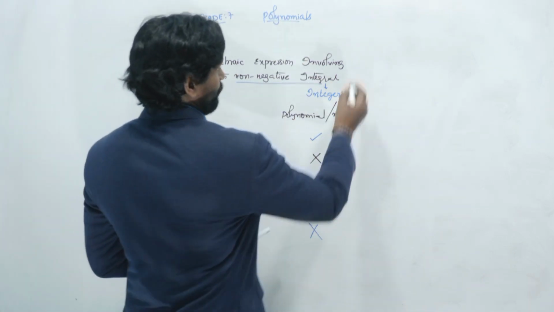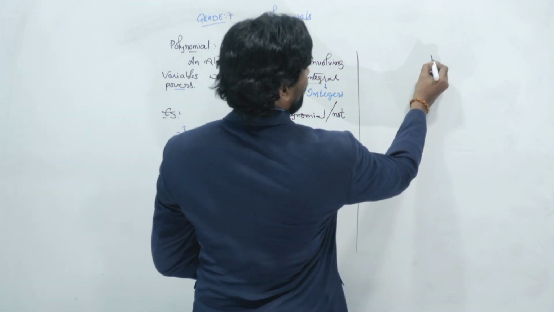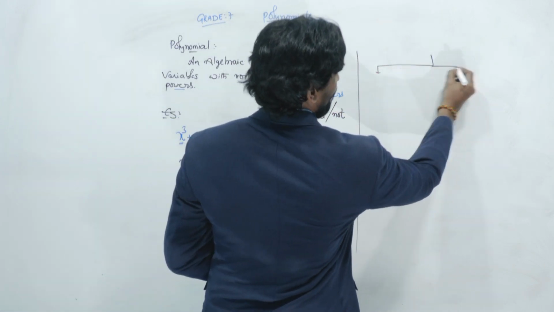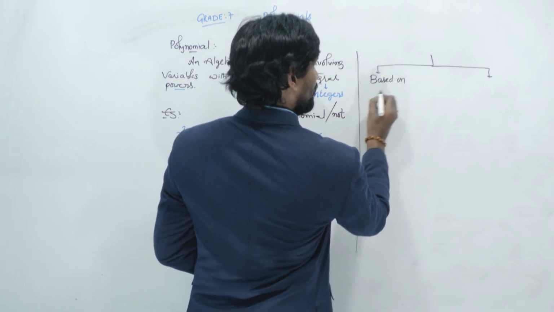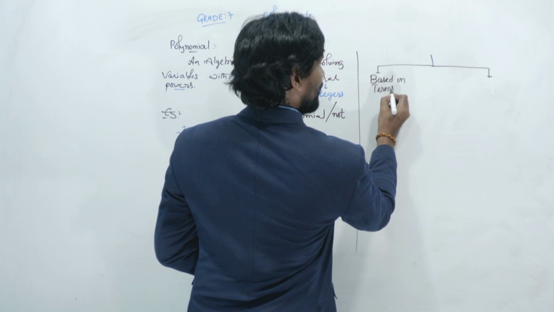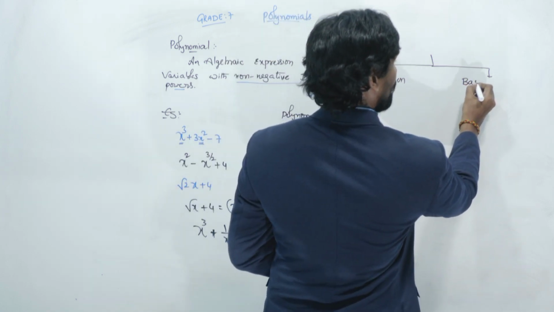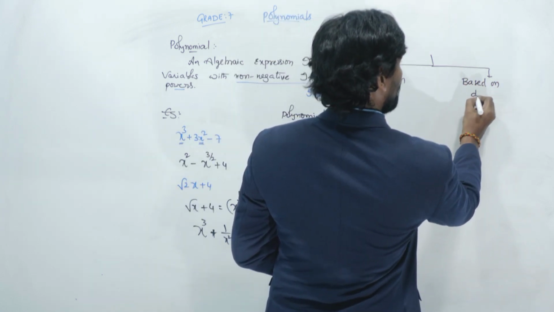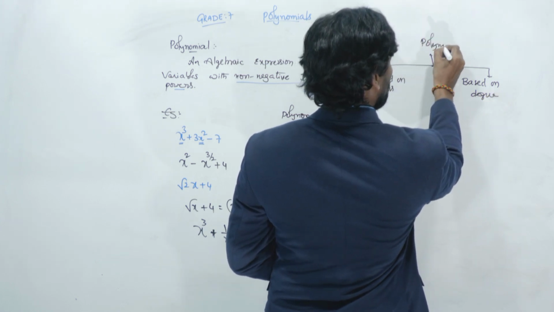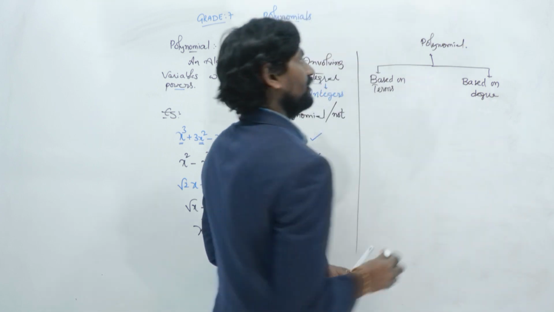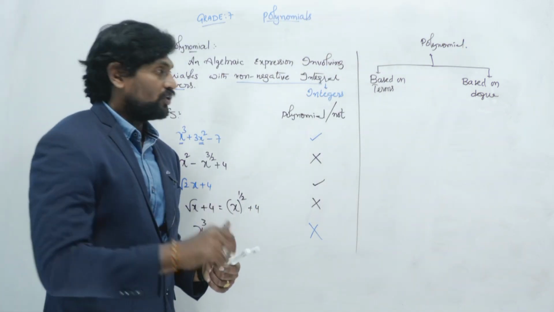Polynomials are mainly divided into two types: the first based on terms, and the second based on degree. Let us see the polynomials based on terms.